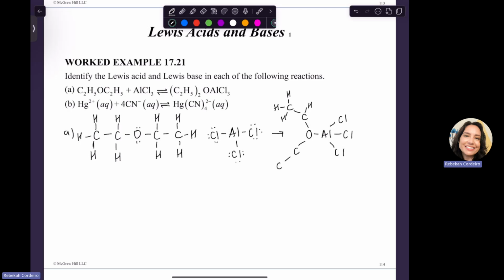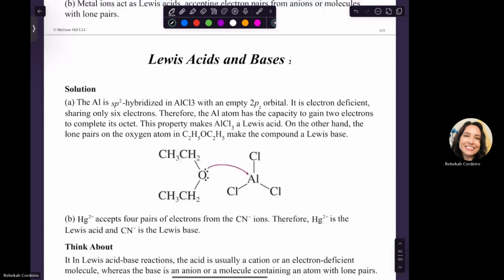So if you can tell who is donating and who is accepting electrons, who is accepting a bond and who gave away a bond or gave away an electron pair. And so why don't you try the same thing with B? Just draw it out, see what you get. The answers are in the next slide.